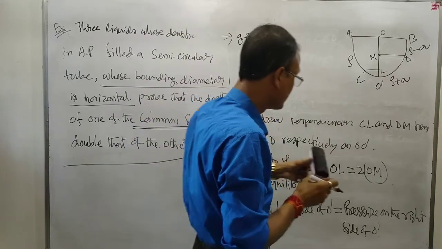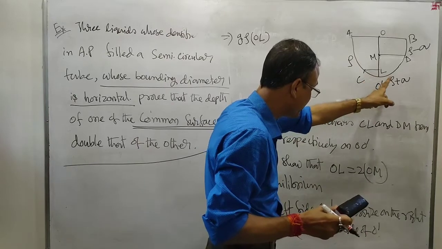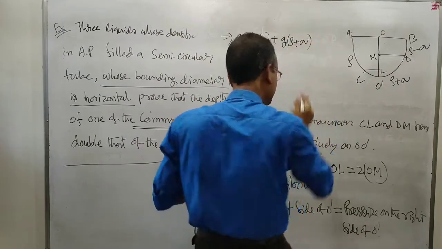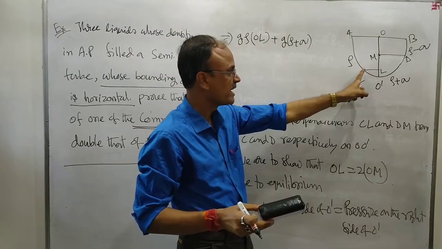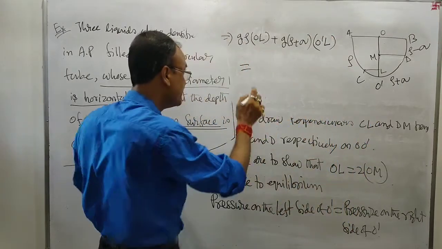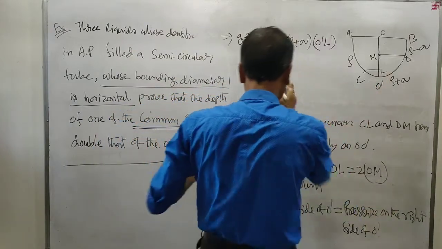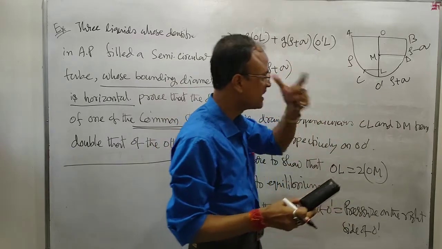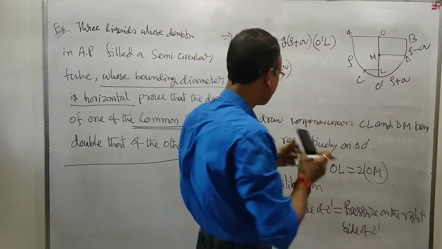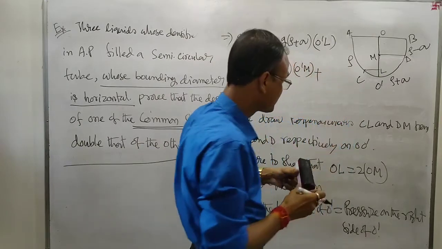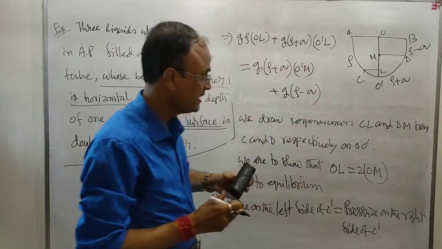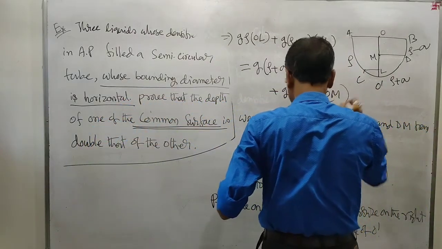Rho g OL plus, the left side is occupied by the liquid of density rho plus sigma, so rho plus sigma g into the vertical distance from O to C, it will be O dash L. This is equal to g rho plus sigma into the vertical distance of O dash from D, it will be O dash M, plus g rho minus sigma into this distance OM.